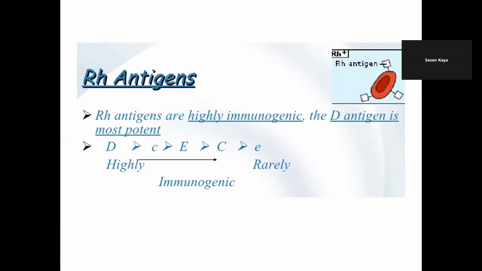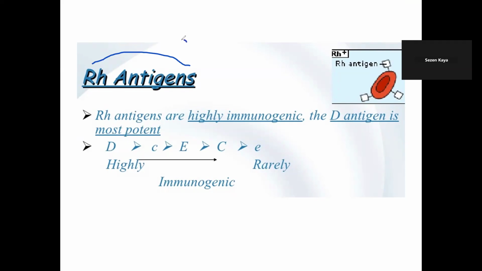The second classification of blood groups is according to the DCE system, or CDE system, right to say like that. Normally, most people don't know that this system is named CDE, and they think that it's named rhesus antigens or rhesus factor antigens.